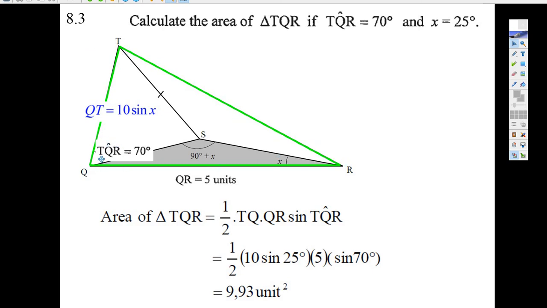We've got the angle in between and the two sides on either side. 1/2 AB times the sine of the angle in between those two sides, that we're multiplying together. So 1/2 TQ times QR times the sine TQR. Well, they gave us that with 70 degrees. QR is 5 units. And we've got that QT is 10 sine 25 degrees. Just put it all in your calculator and you get 9,93 square units. And there you go.